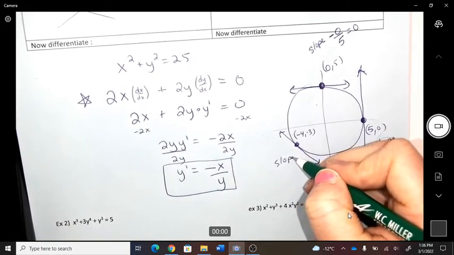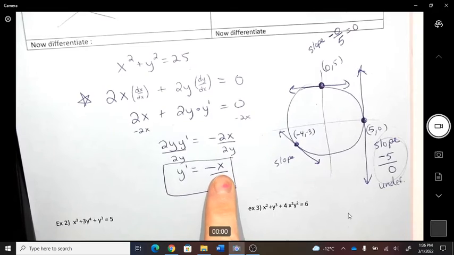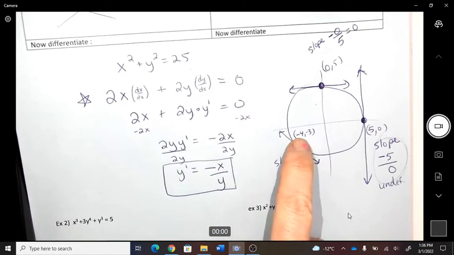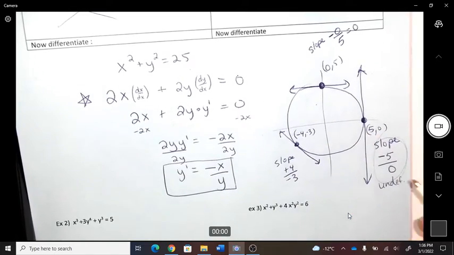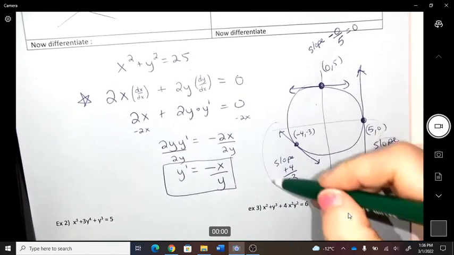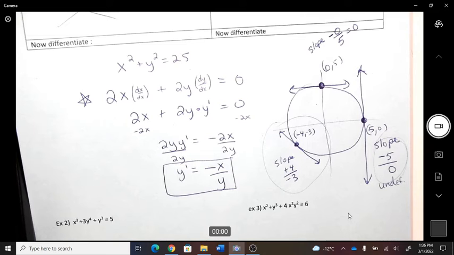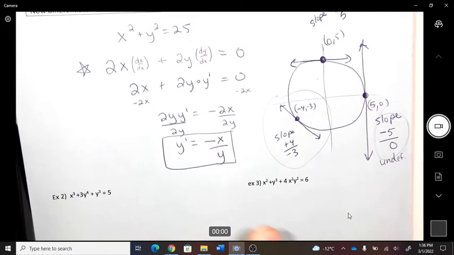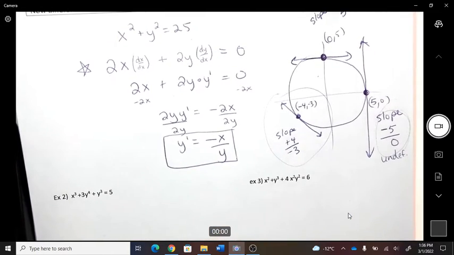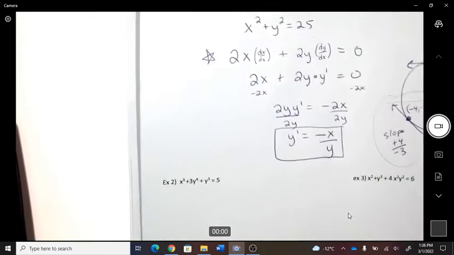The slope is negative x, so that would end up being positive 4 over negative 3. Does that make sense? A slope of negative 1.333, that would be your slope. Okay, so that's what's going on. You're creating an equation that will give you the slope. All right, here we go.